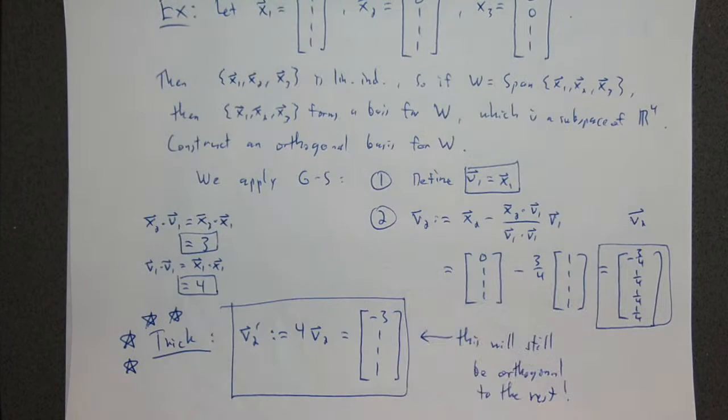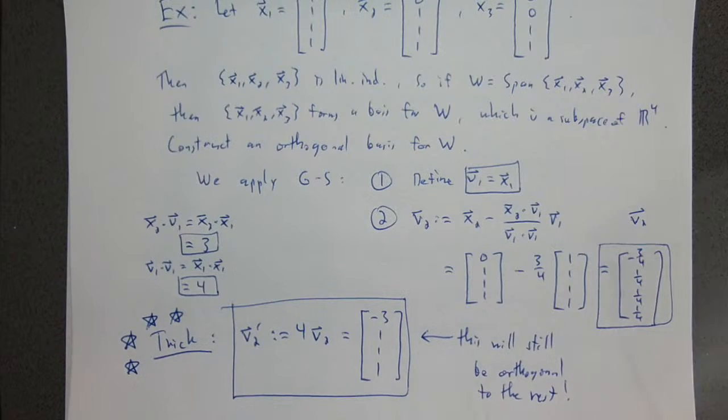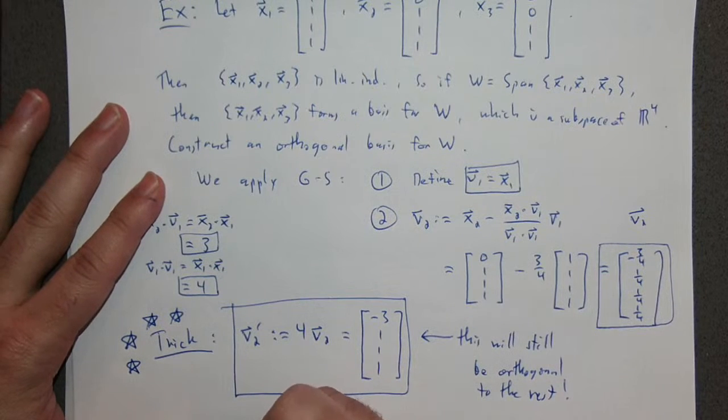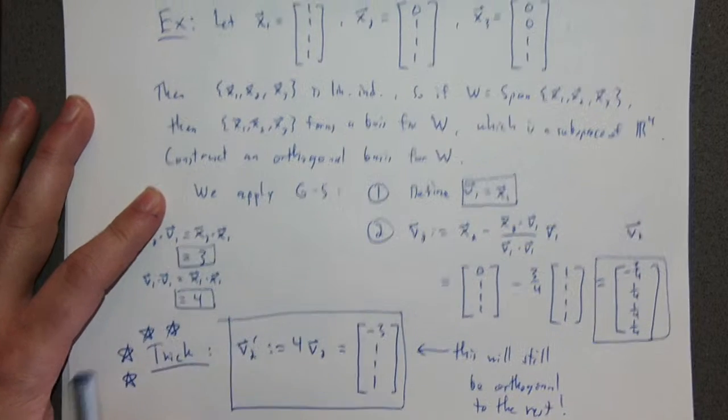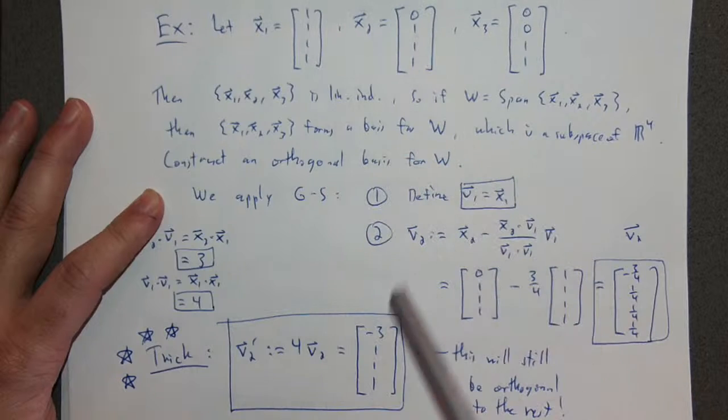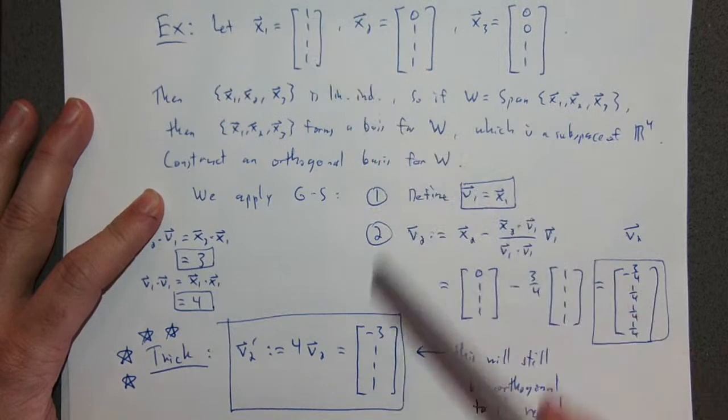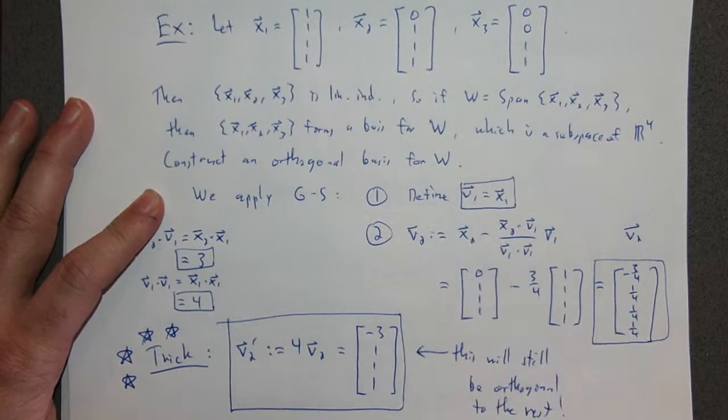And so I have two vectors right now. I have v1, which is just x1, and I have this v2 prime, which is this thing. You could check at this stage if you really wanted to. So you could check that this v2 prime dotted with v1, which is x1, is actually orthogonal. So let's check real quick. 1 times minus 3 plus 1 times 1 plus 1 times 1 plus 1 times 1. That's minus 3 plus 3.